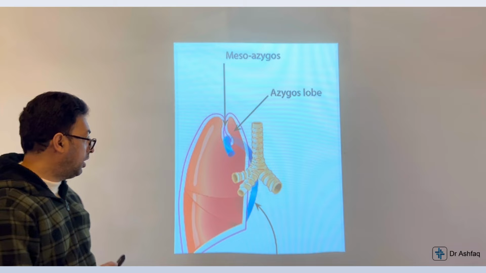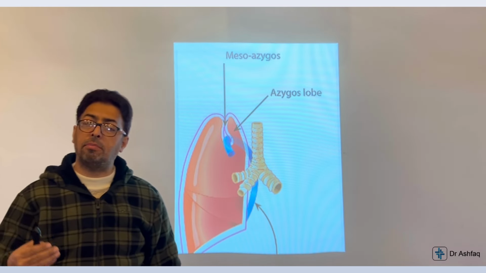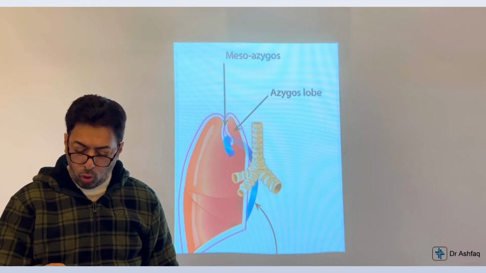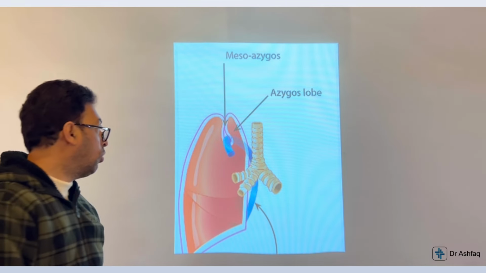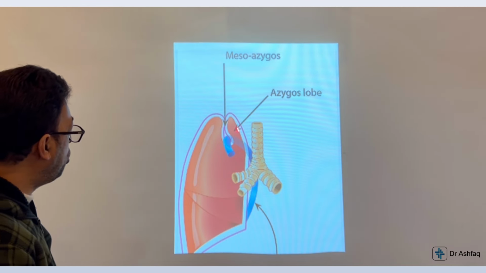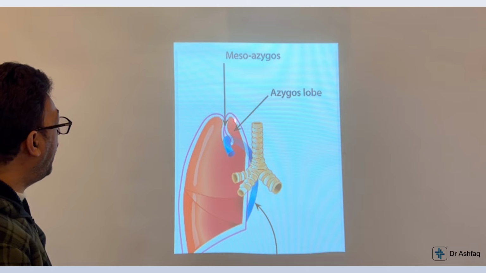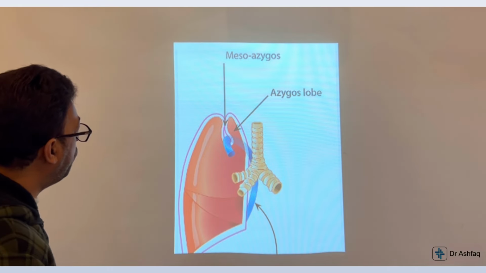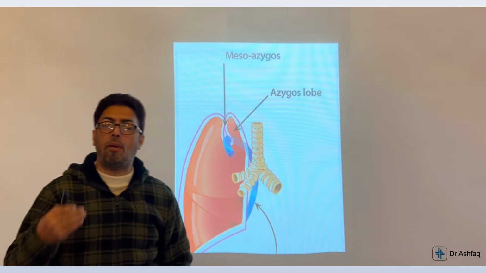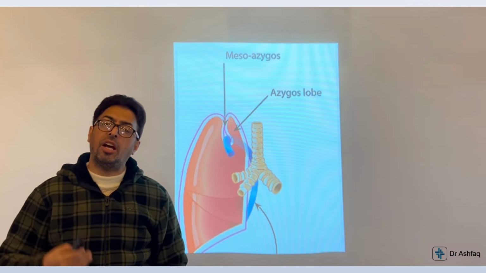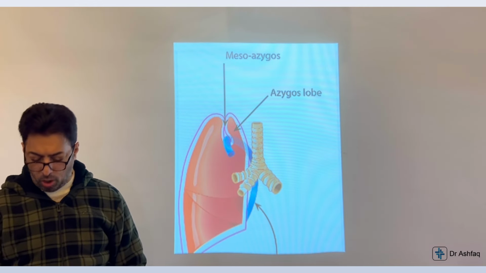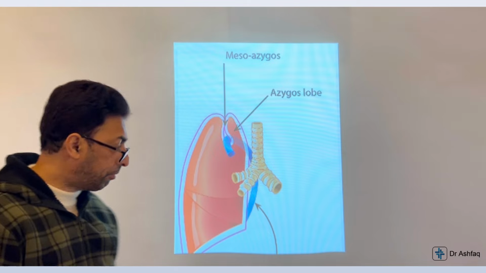Sometimes there is a formation of a separate lobe of lung, and we call that the azygous lobe, usually situated medially, and it is suspended by a fold which we call the mesoazygous. So the azygous lobe of the lung is an accessory lobe which is formed congenitally, and you have to remember this point.